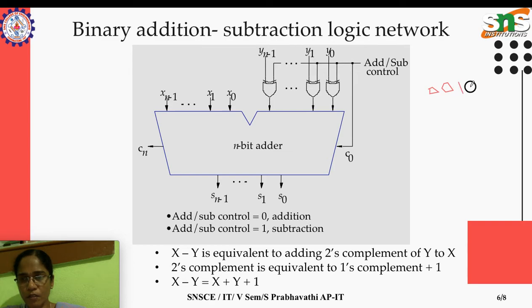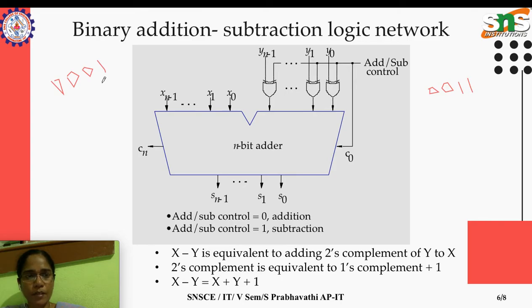And 1, in 4-bit representation, is 0 0 0 1. So I am doing 3 minus 1. So this is plus 1, and I need to convert this into minus 1.